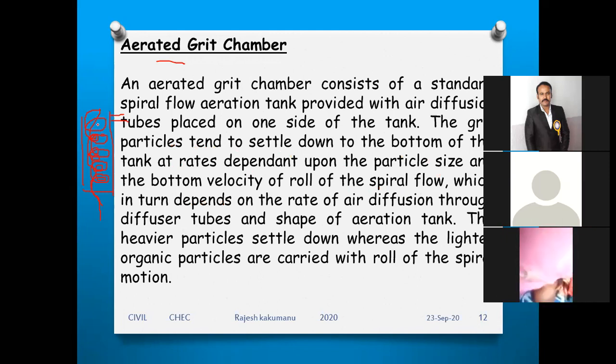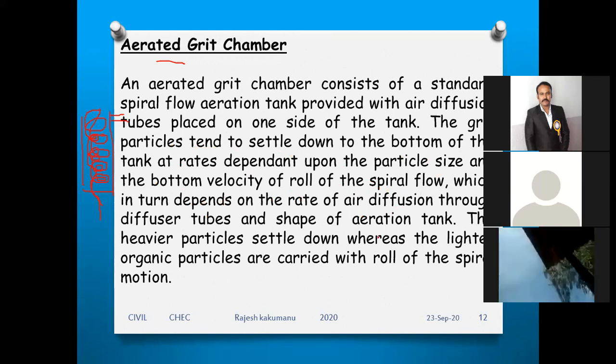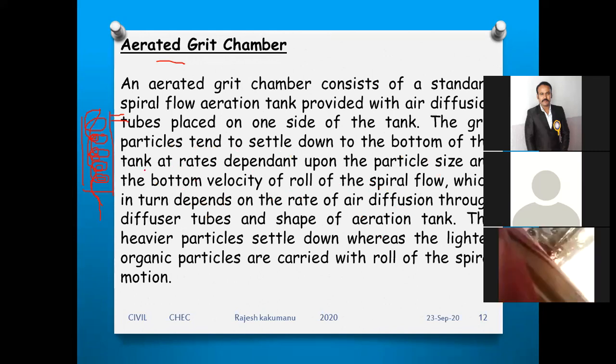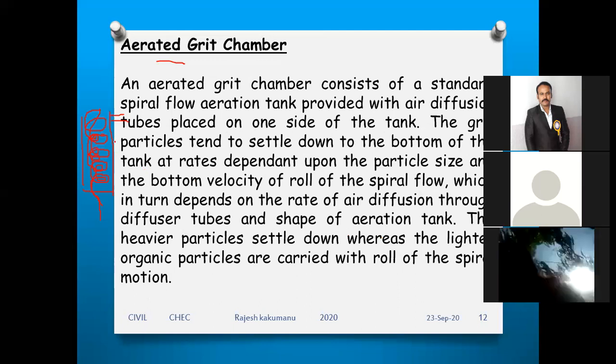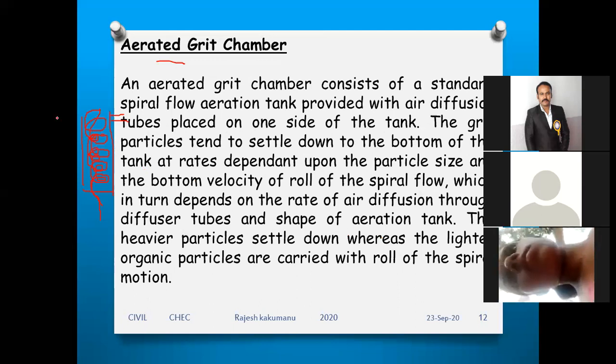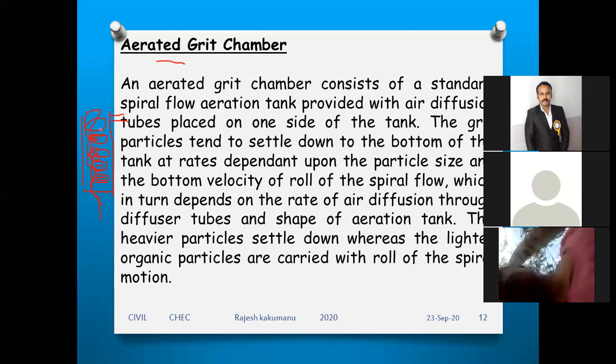Whenever the water is flowing into this aerated grit chamber, the solid particles are settling down in the tank. Which in turn depends on the rate of air diffusion through the diffuser tubes and the shape of the aeration tank. So based upon the physical shape of the aeration tank, the air flows inside this tank according to the flow of the water.